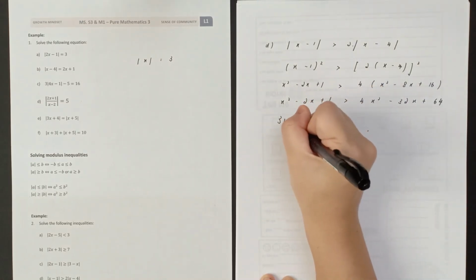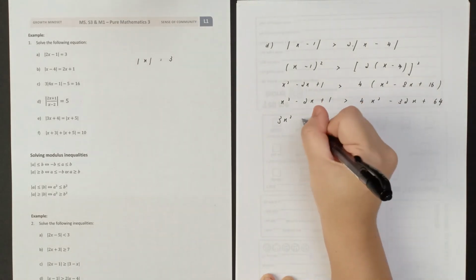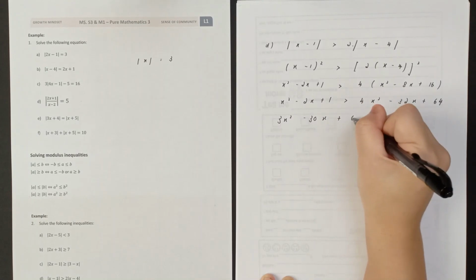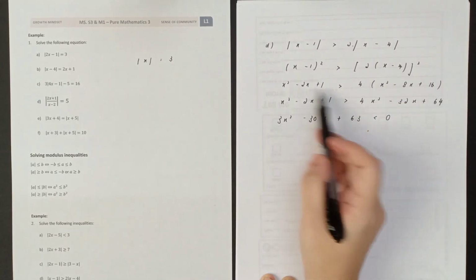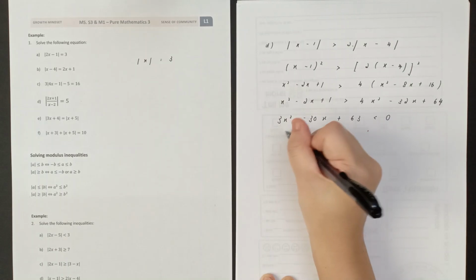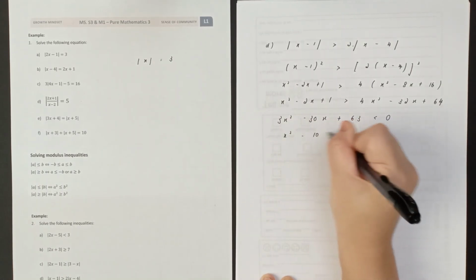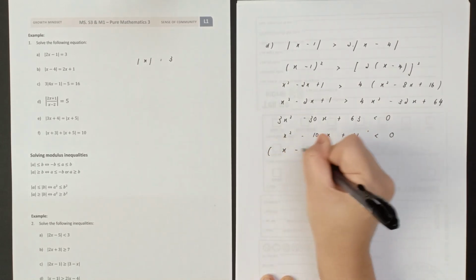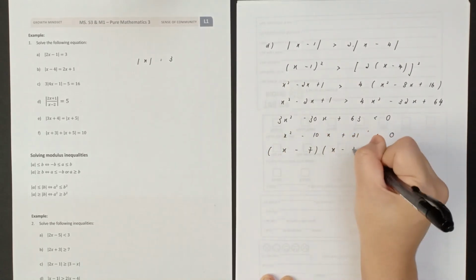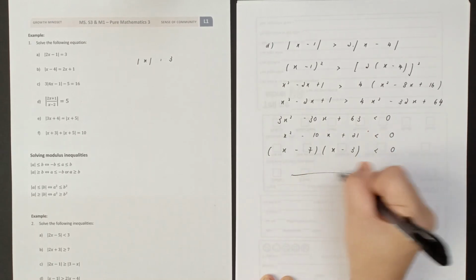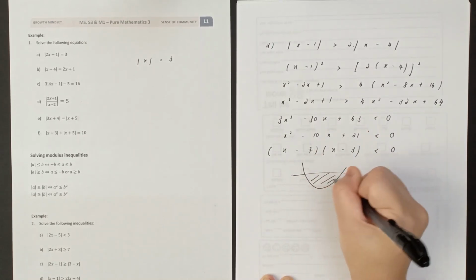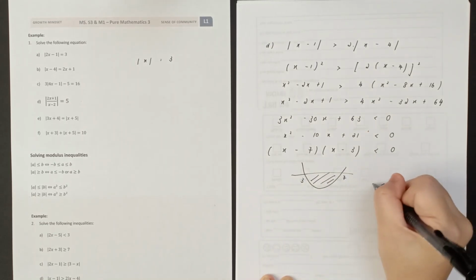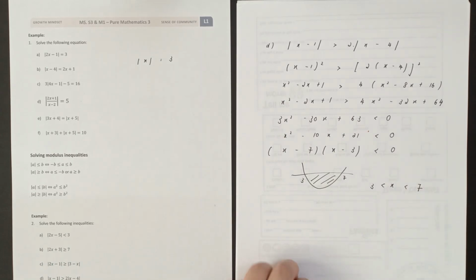Then you can move it. 3x squared minus 30x plus 63 lesser than 0. I'm moving the whole thing over here. Then x squared minus 10x plus 21 lesser than 0. So (x minus 7)(x minus 3) lesser than 0. This is 3, 7. So your x should be greater than 3 and lesser than 7.